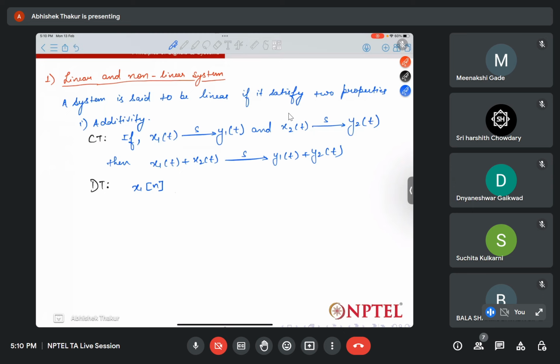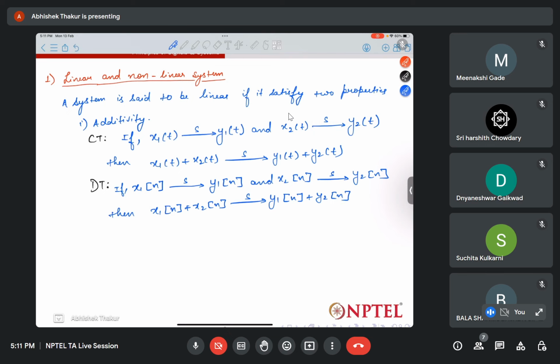So when x1[n] is given to a system S, it gives the output y1[n], and x2[n] given to that system gives the output y2[n]. Then when the input is x1[n] plus x2[n], the output is y1[n] plus y2[n]. This is the additivity property of a linear system. Second is homogeneity.